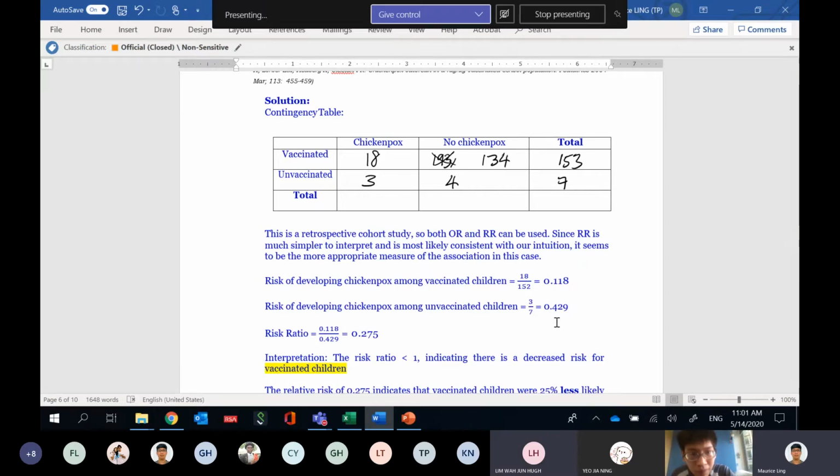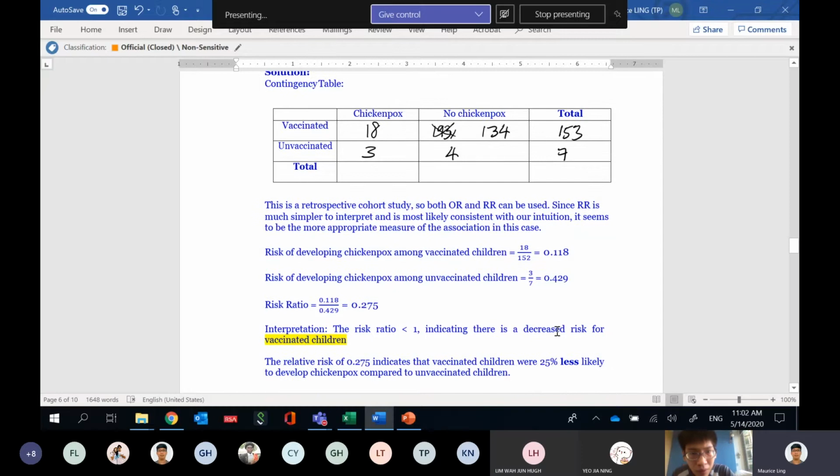Vaccinated children are 25% likely to be developing chickenpox. That's what it means. So this gives you an opposite sense. Vaccination is the exposure, and the exposure actually causes less of the disease. Chickenpox is the disease, and vaccination is the exposure.